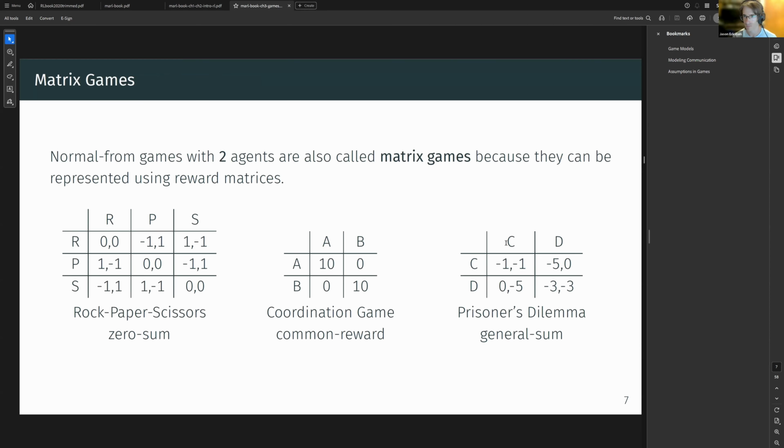When we talk about the state in a multi-agent case like this, the state consists of the rules of the game as they exist, and the state of the game is not changing over time in this scenario.